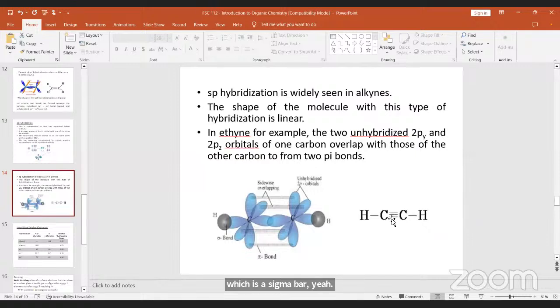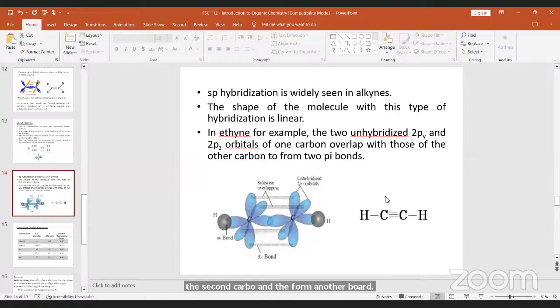Then the unhybridized 2px orbital of one carbon overlaps laterally with the 2px of the other carbon, side by side. They form a bond there, which is what? A pi bond. The other unhybridized orbital, the 2pz orbital, also overlaps laterally with the other unhybridized orbital on the second carbon, and they form another bond, which is also a pi bond.